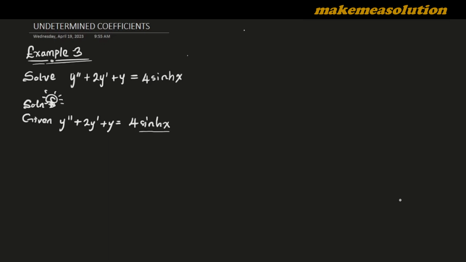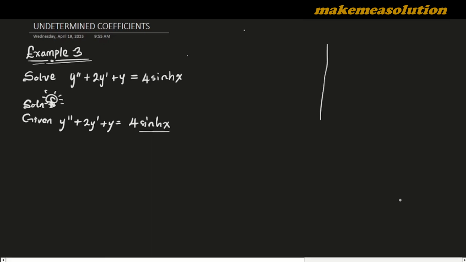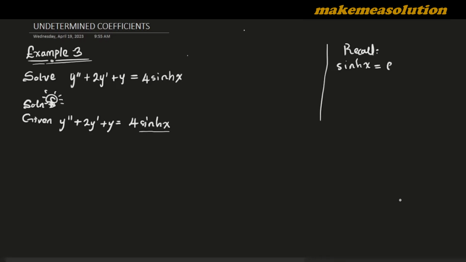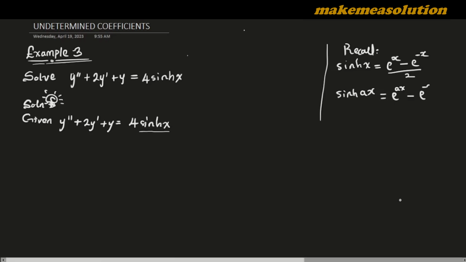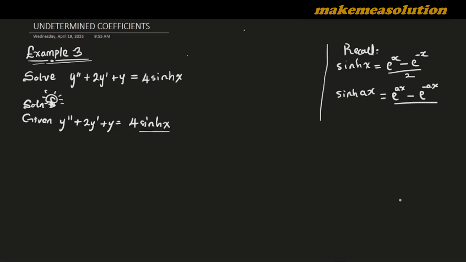So I need you to just recall, when you have sinh x, the hyperbolic sine of x, it is exponential x minus exponential minus x over 2. When you have sinh ax, where a is a constant, it will be exponential ax minus exponential minus ax over 2.